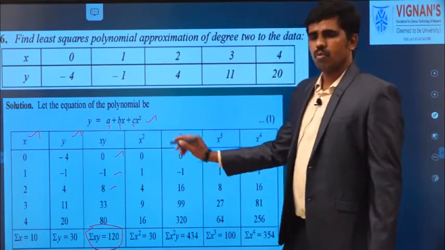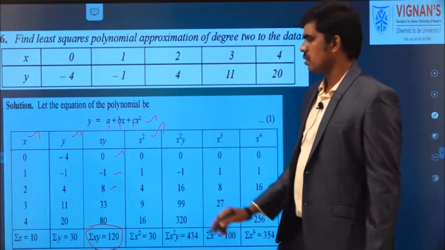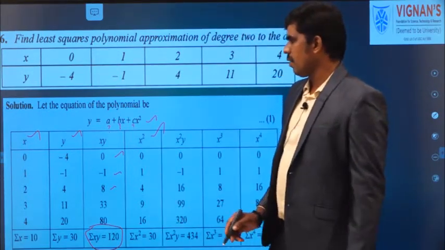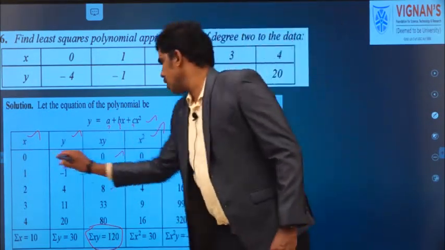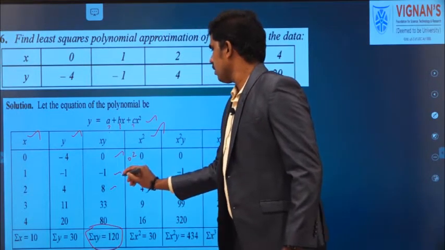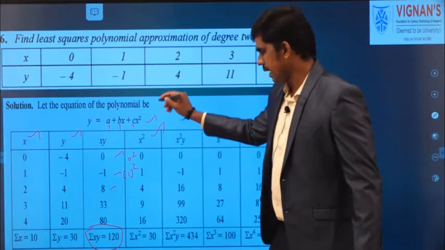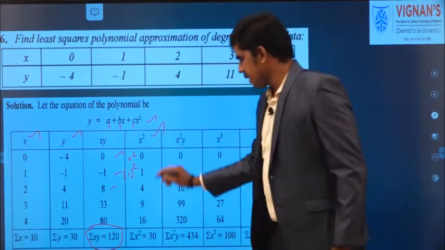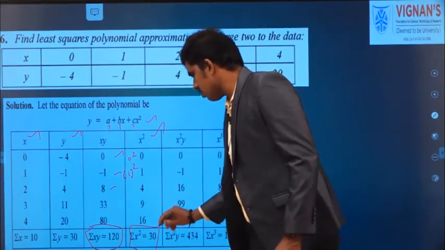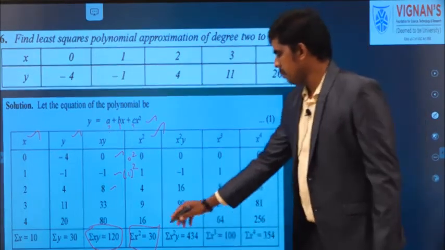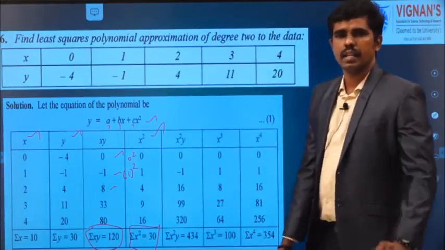Then I need x square, which means the value of x the whole square. So 0 square, 1 square, in this way you can find x square. Find the summation of all these x square values. So I am getting summation x square as 30.